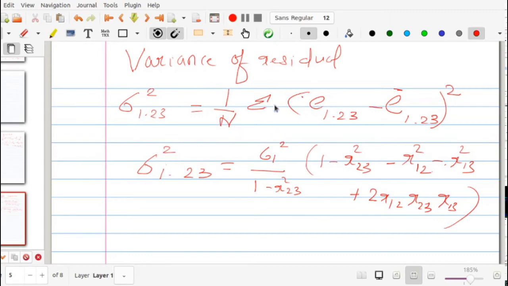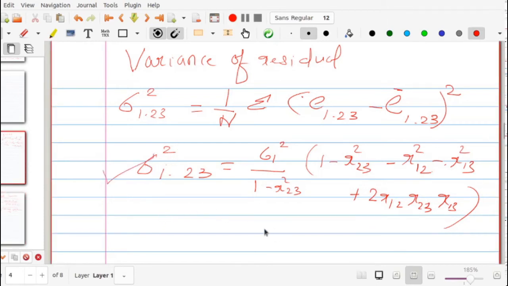That is 1 by n summation of the error 1, 1, 2, 3 minus the mean of that residual whole square. And the variance of residual, when we convert it in the form of correlation coefficient between the variables, it looks like the second formula.